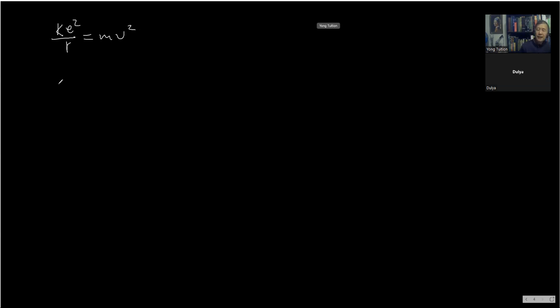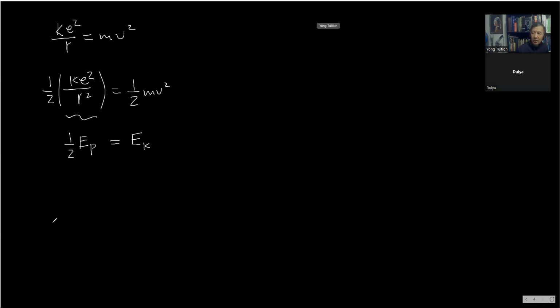This is a very important formula, because if you divide both sides by 2, using some simple algebra, that will become kinetic energy, can you see? And the side inside the bracket will be the potential energy.